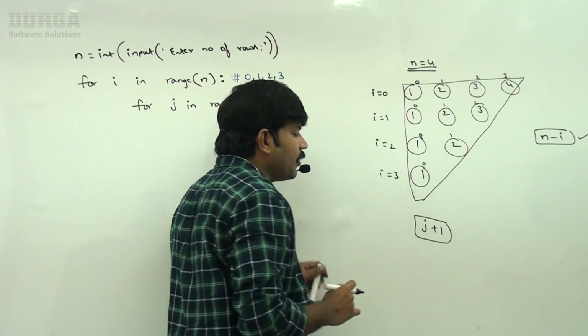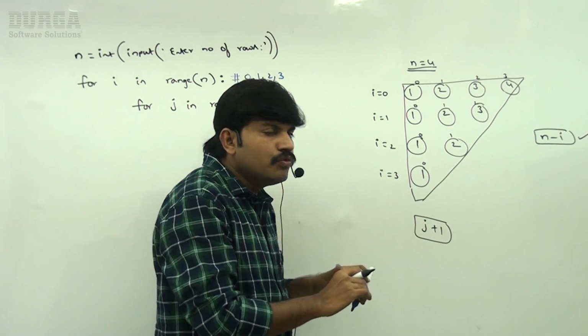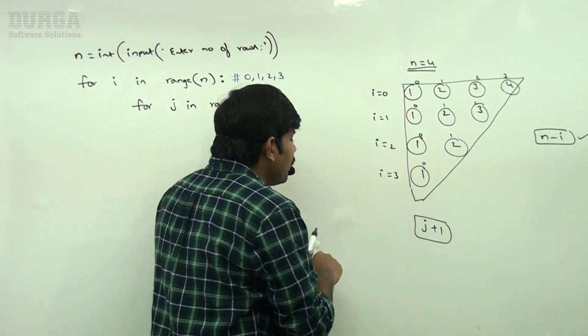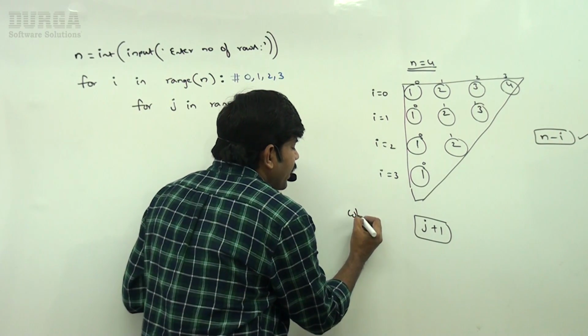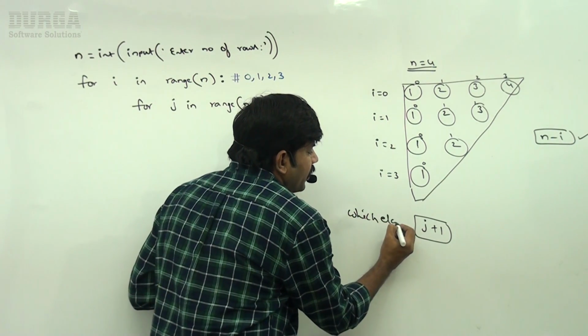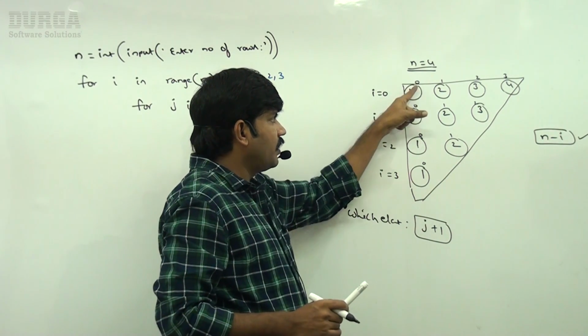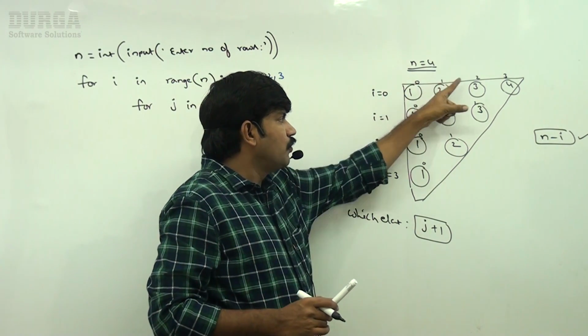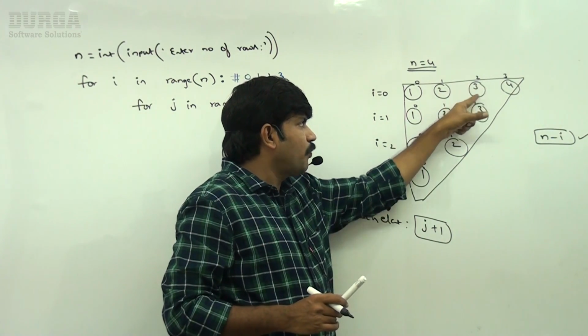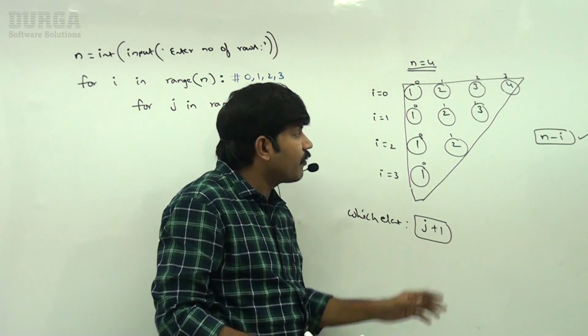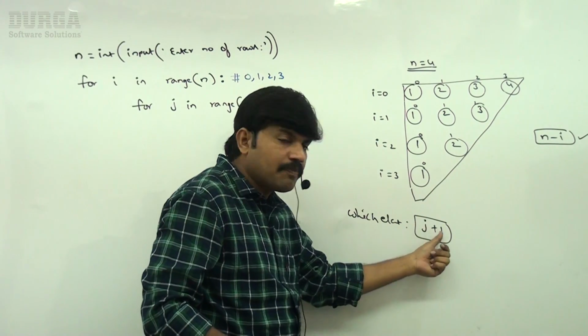Are you getting? Very simple. Which element we have to print, sir? j plus 1. So, 0 plus 1, 1. Sir, 1 plus 1, 2. 2 plus 1, 3.